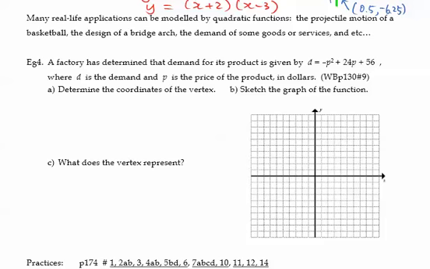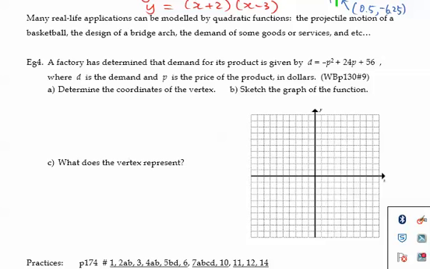So in this next example, the equation looks a little bit confusing. They are using other variables. We are so used to x and y, but now they are using p and d. They are giving us an equation that would describe the relationship between the demand of a product compared to its price.